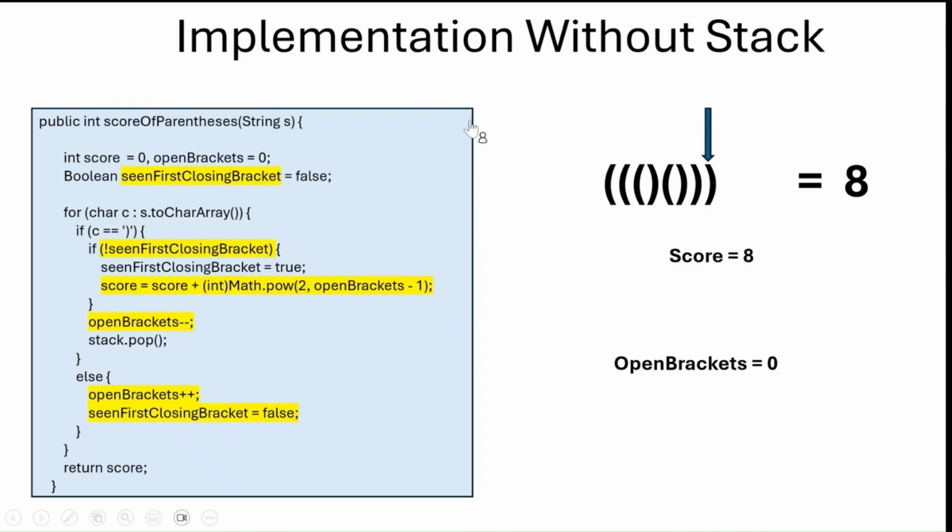So we saw how we implemented the solution without using a stack, by just maintaining the open brackets counter, because we just need to calculate the score. We don't need to keep track of which open bracket belongs to which closing bracket, because we know that it is already a valid parenthesis string. So we don't need to monitor each and every open bracket. We just need to monitor the counter for the open brackets.